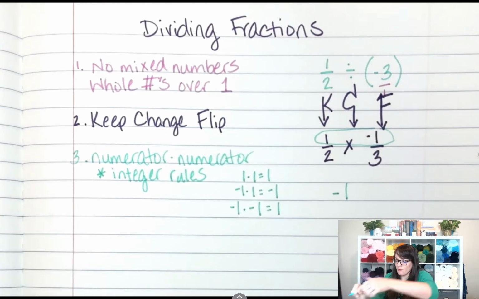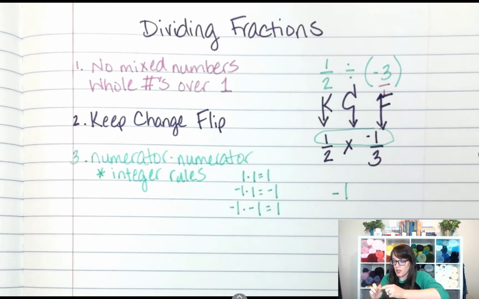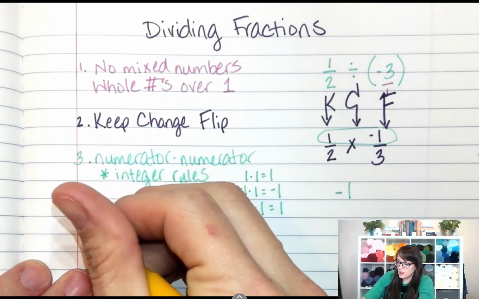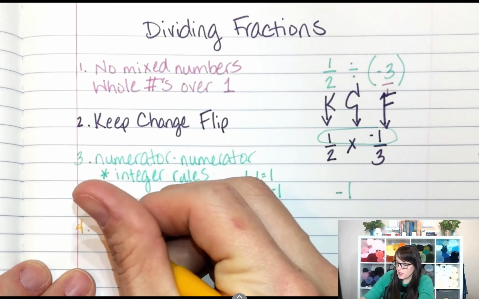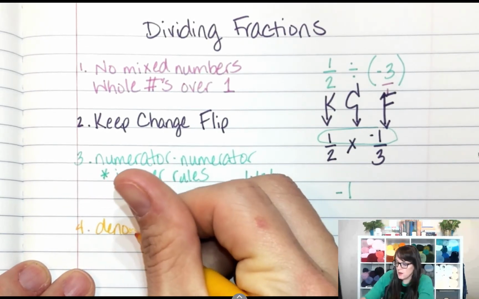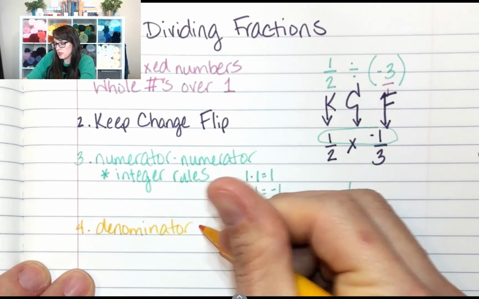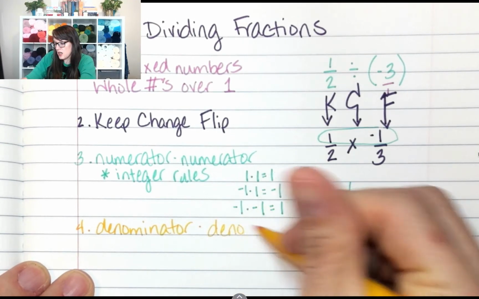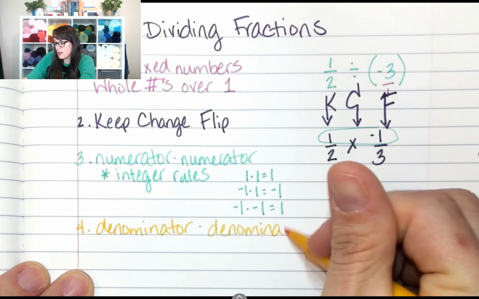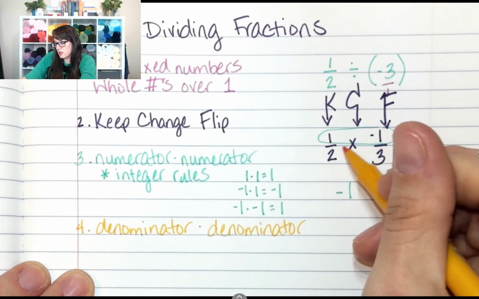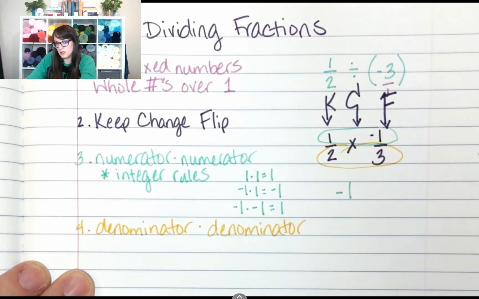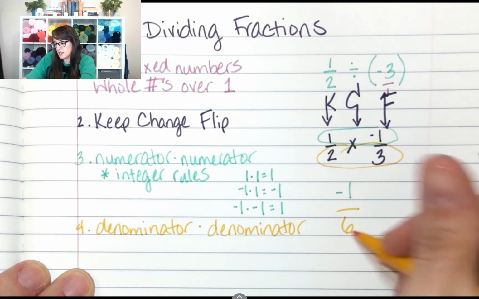And then I'm going to also multiply the denominators. We do not have to have a common denominator when we divide. So step 4, denominator times denominator. So 2 times 3 is 6.